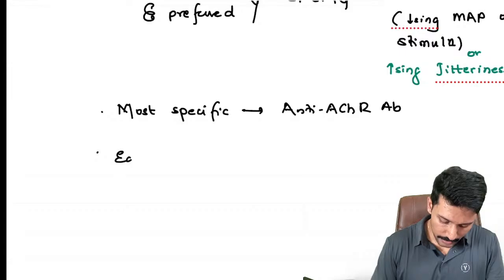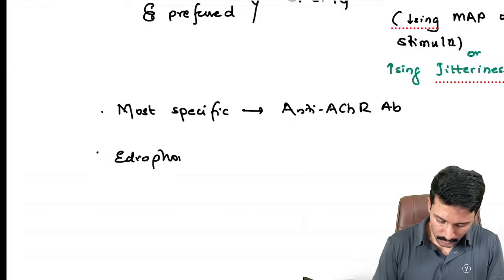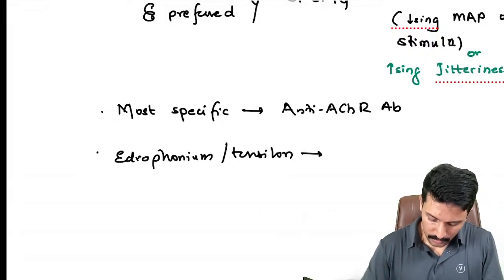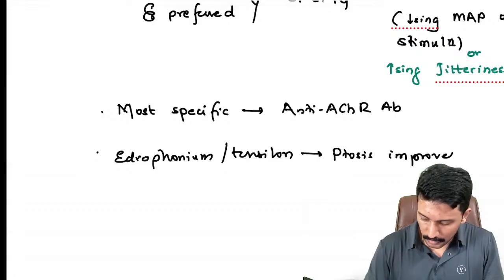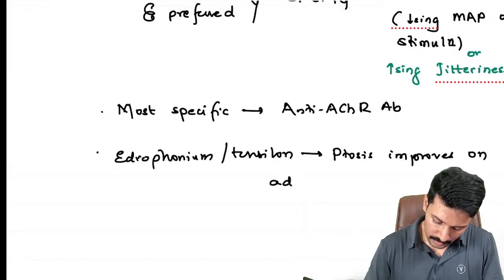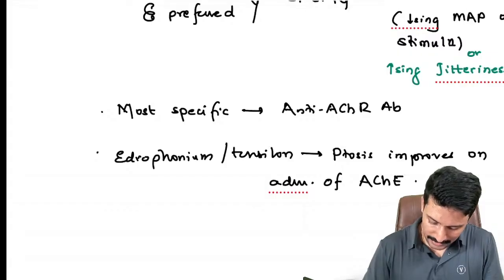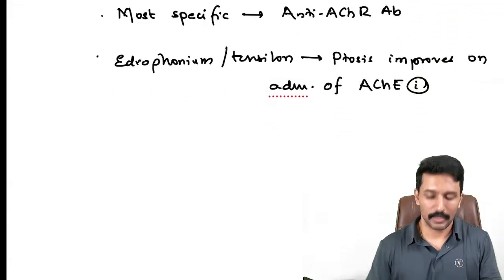So we have this edrophonium or tensilon test where we administer an acetylcholine esterase inhibitor like edrophonium or tensilon and we expect the ptosis to improve.